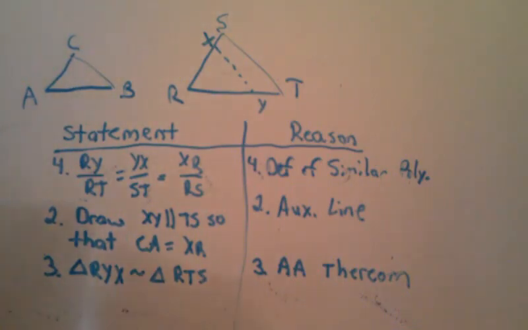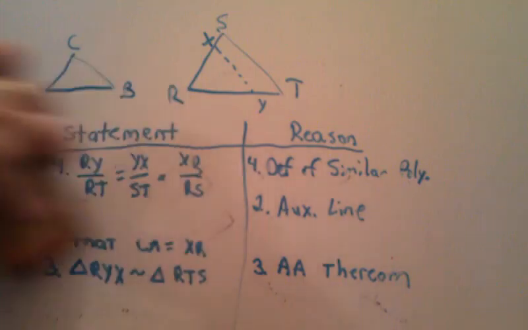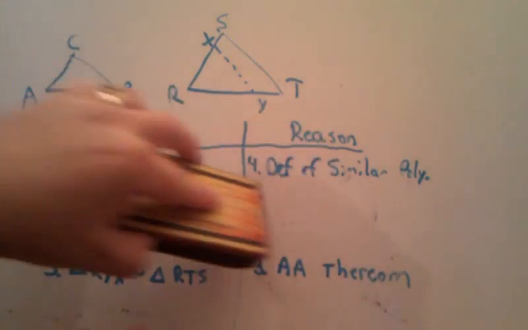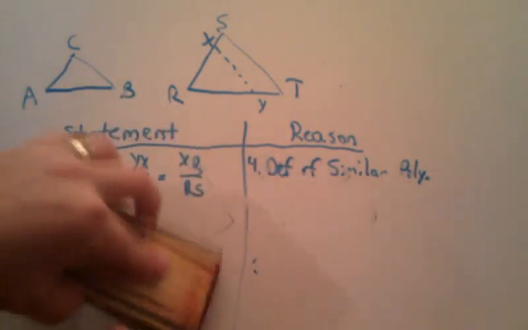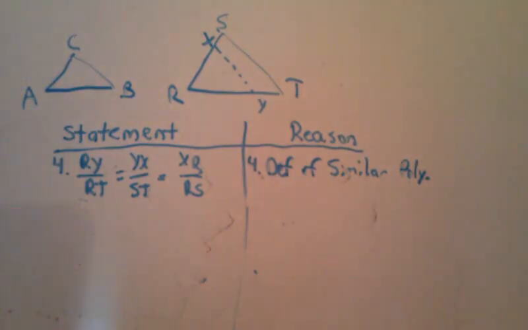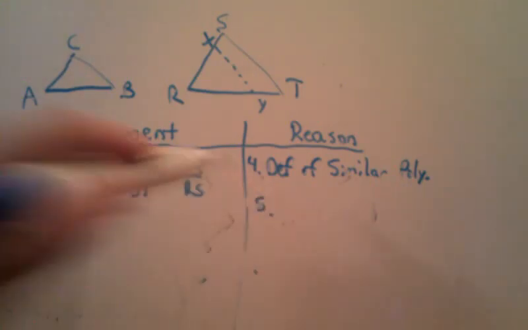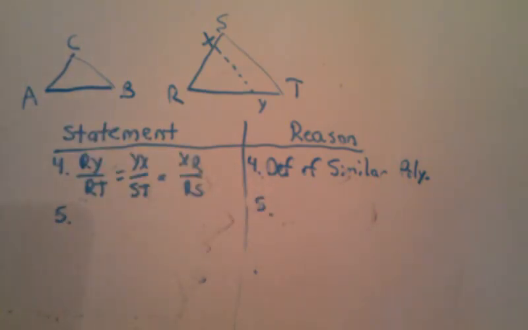Okay. Now that we got that, now all we have to do is substitute. Okay? So let's do some substituting. Number 5. Okay, RY is to RT. Let's keep that part.